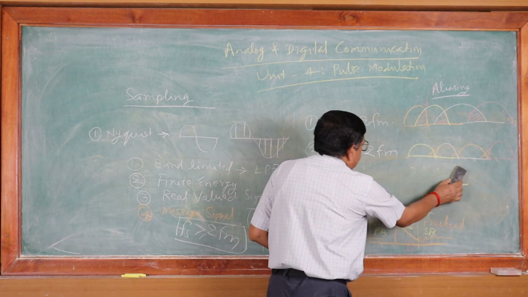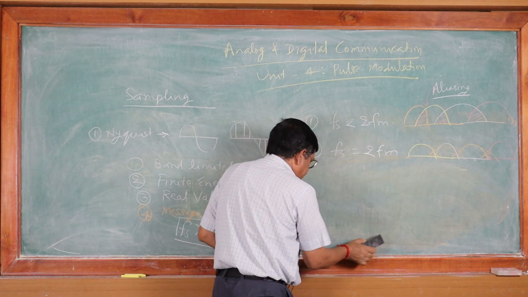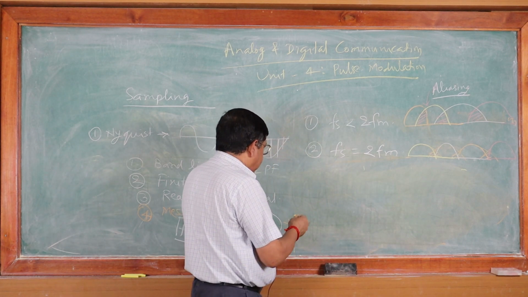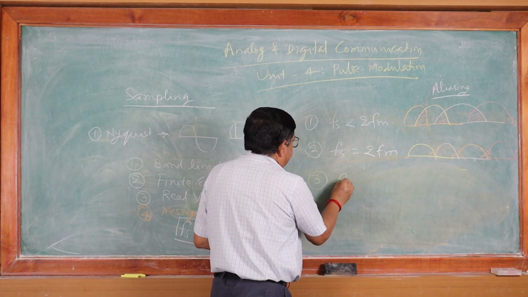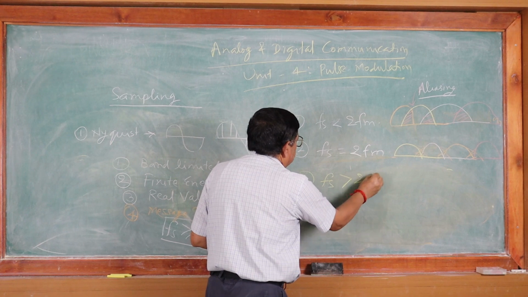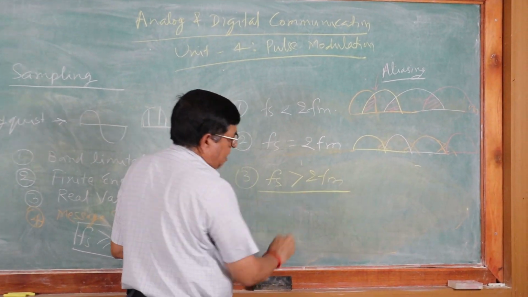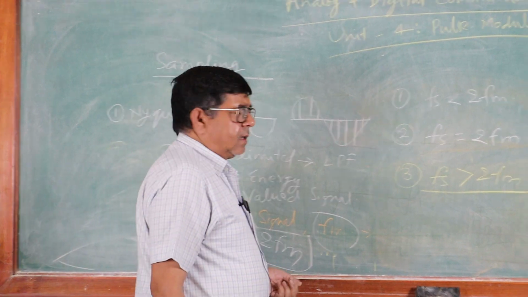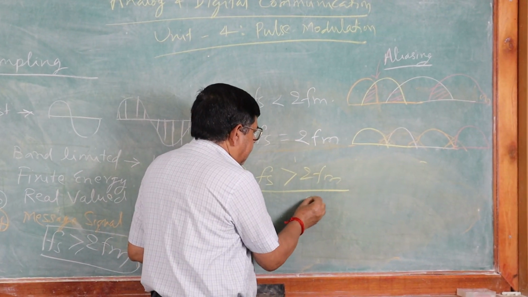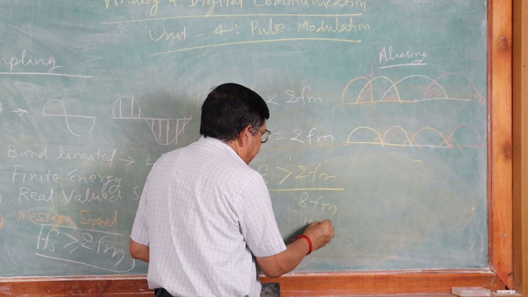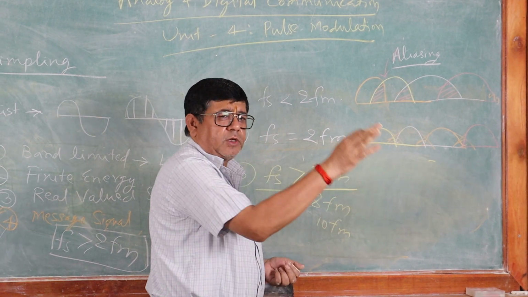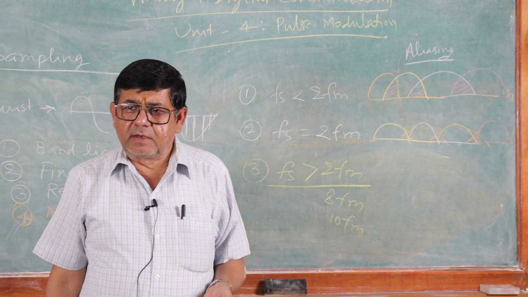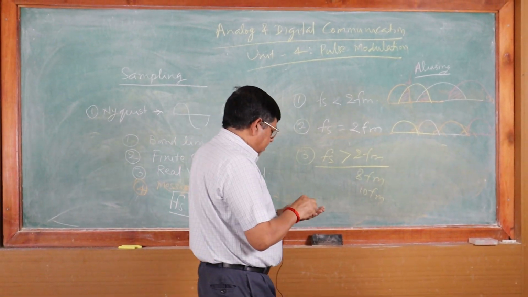You should always sample at what rate? Fs should be greater than 2 into Fm. What should be the greatest value practically? If you go 8 times Fm, better; 10 Fm, better; the more you go, the better. But there will be some problem, which I will discuss.